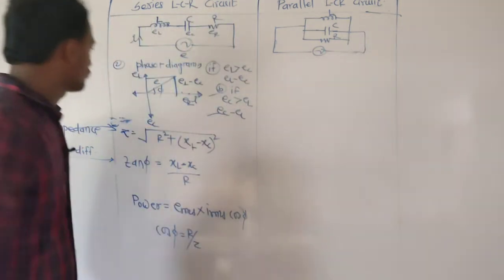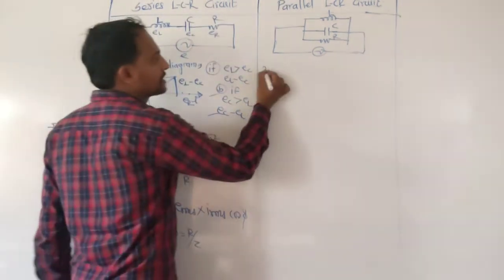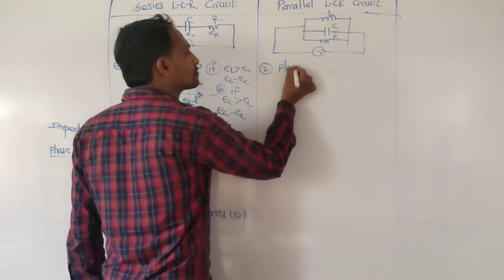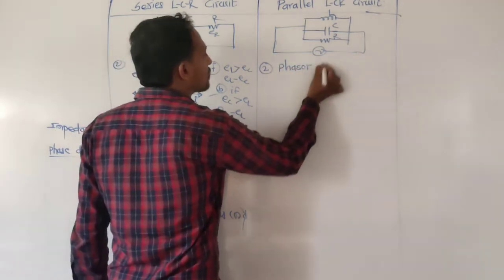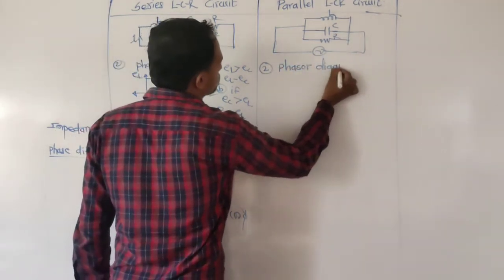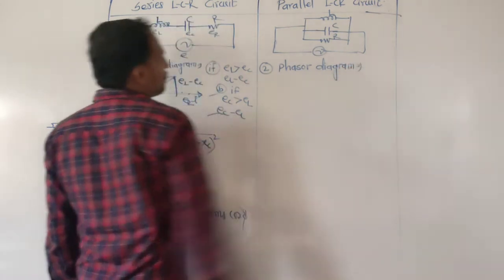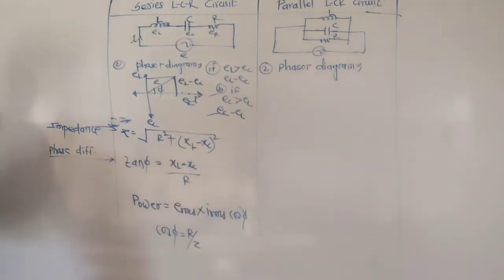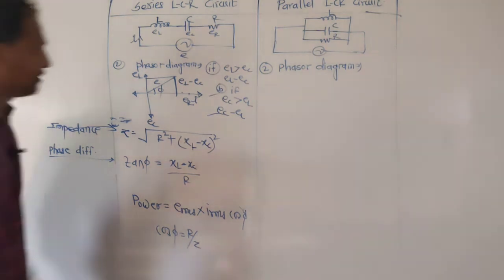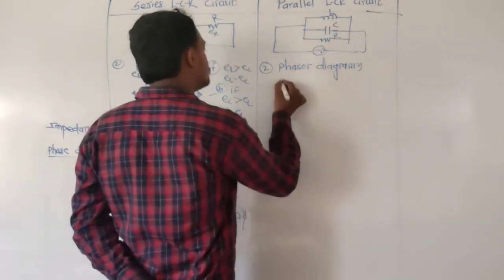Second, we draw the phasor diagram for this. But in this we draw the phasor diagram in terms of current, because EMF is not going to vary across the components; in a parallel combination only the current is going to vary.